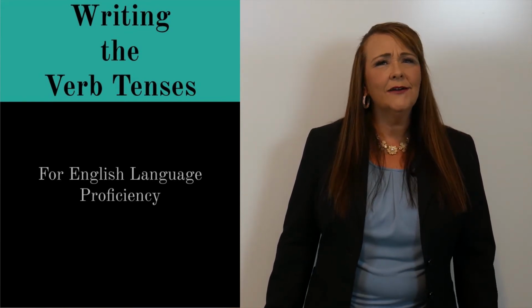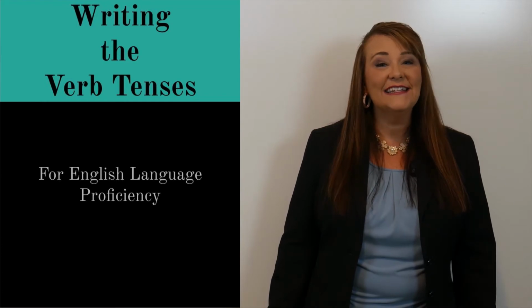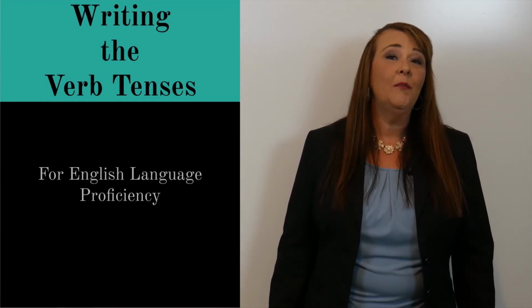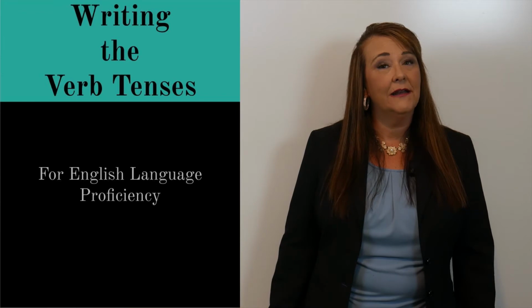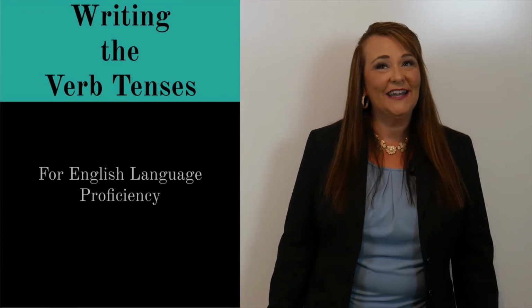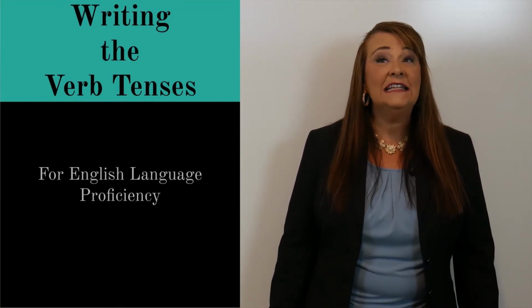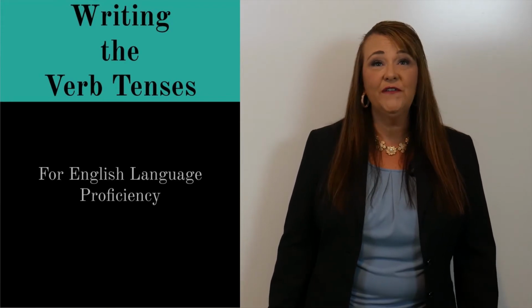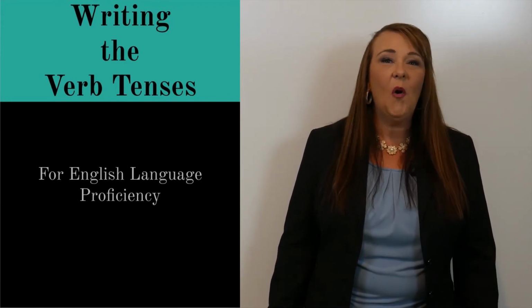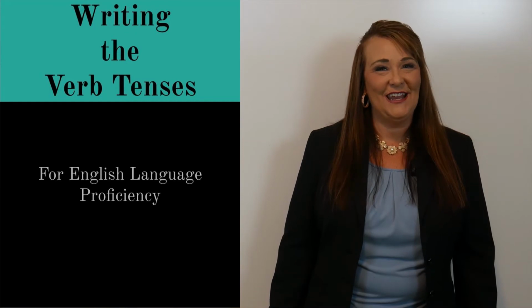These lessons are meant to be used for practice after you watch a more detailed video lesson on each of the specific tenses. You'll find a link to those instructional videos either here or at the end of the video.